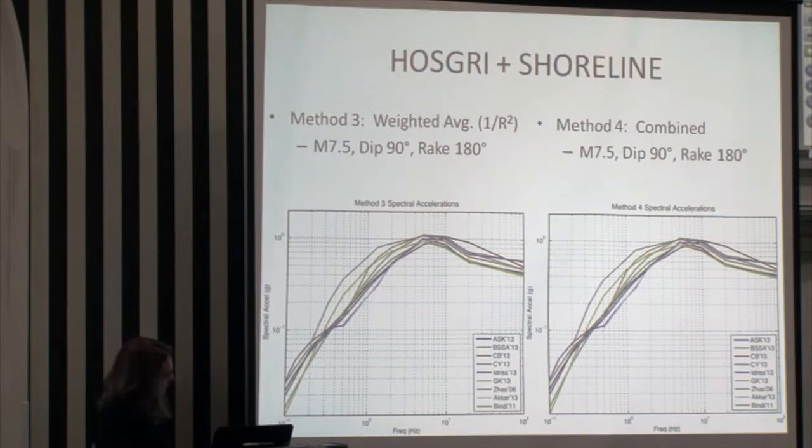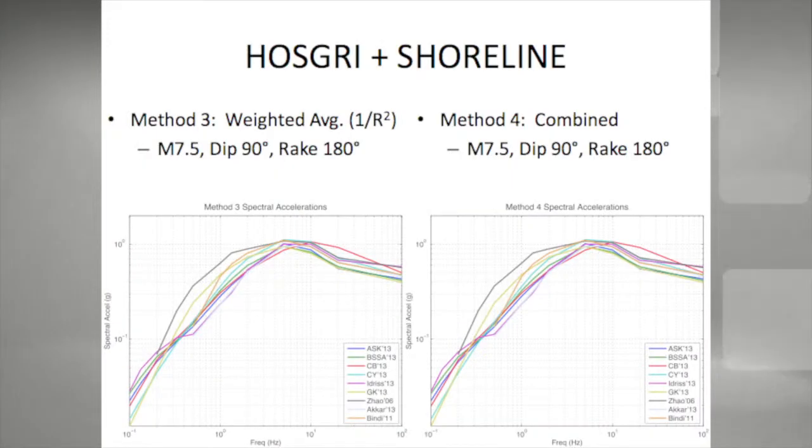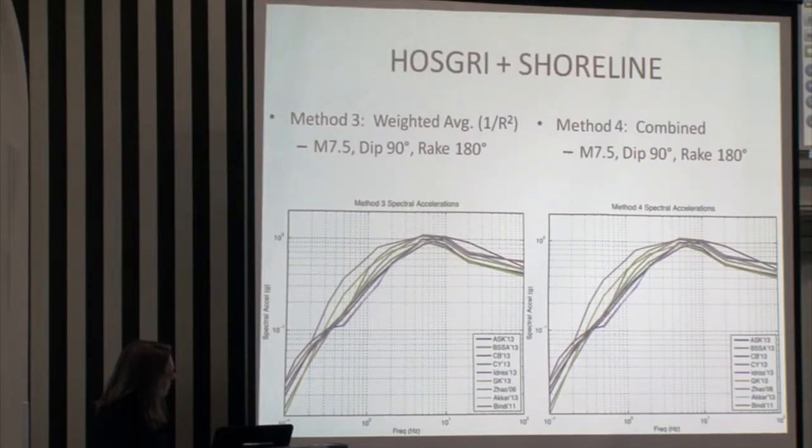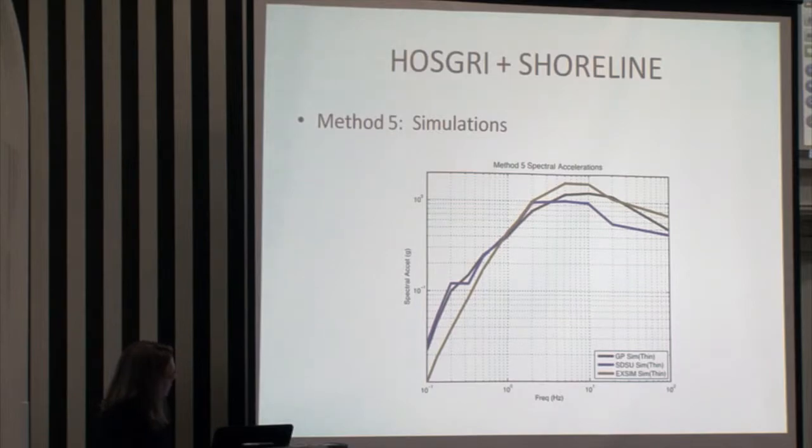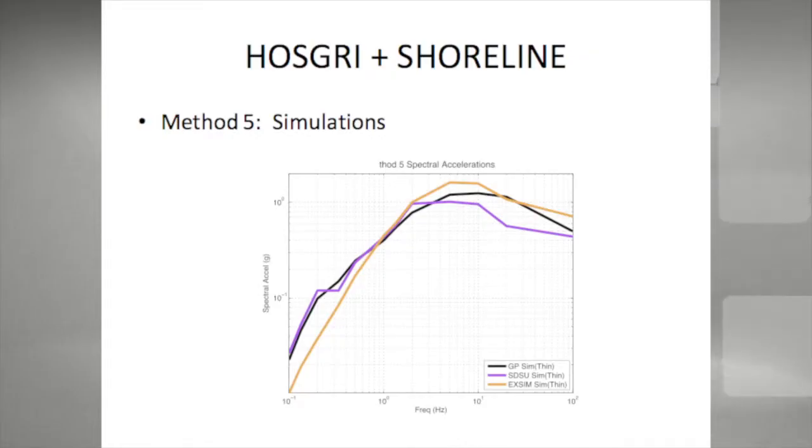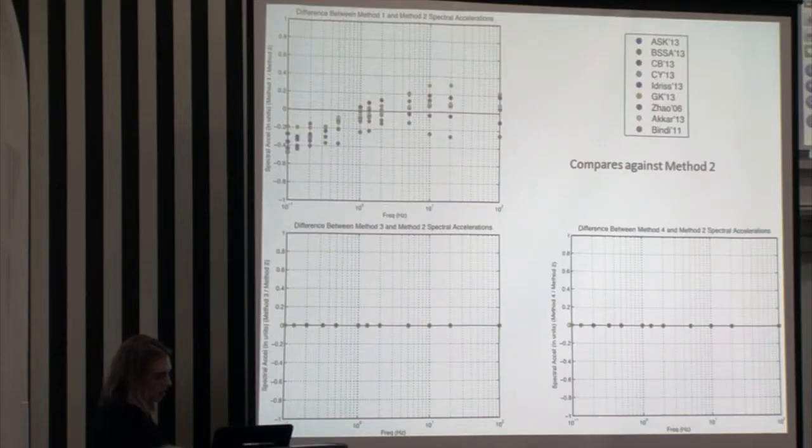We have the weighted average with 1 over r squared, and then we have the combined method and the simulations. I'll quickly just show the simulations compared with the different methods. And then this would be method 2 in the denominator.